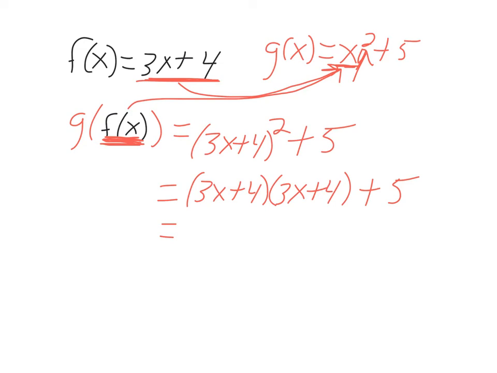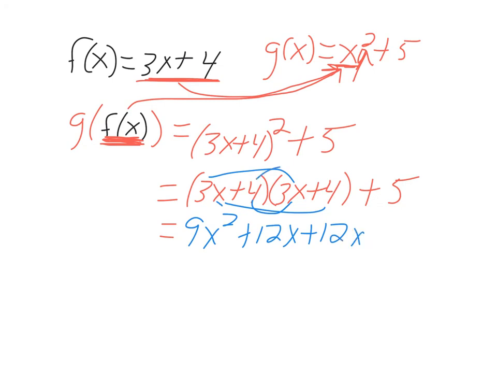And now you're going to have to double distribute or FOIL. So I'm going to do that. 3x squared, or excuse me, 9x squared plus 12x plus 12x plus 16. And then you can't forget that you have that plus 5 at the end.